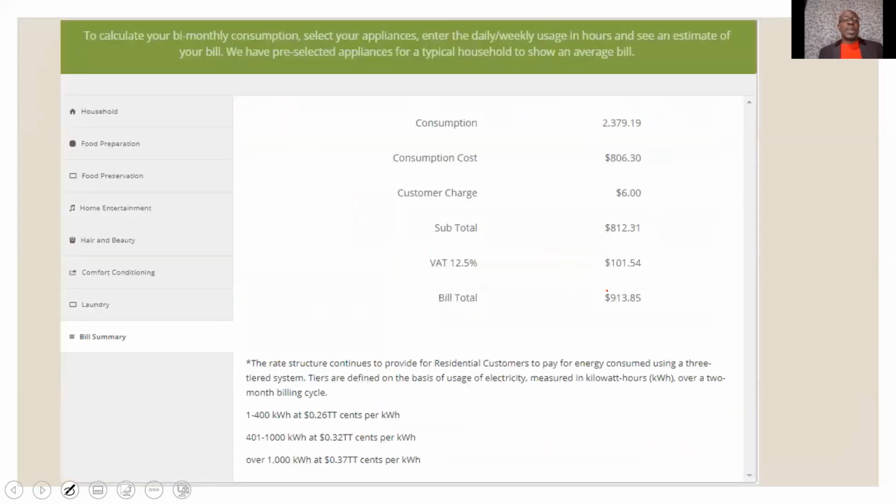In Trinidad and Tobago, if you note on this bill, there is no energy charge separate from the fuel charge. And this is an excellent example of a variation in terms of how the bill is structured. Note that what they have is a consumption cost, and the consumption cost is broken down into bands.